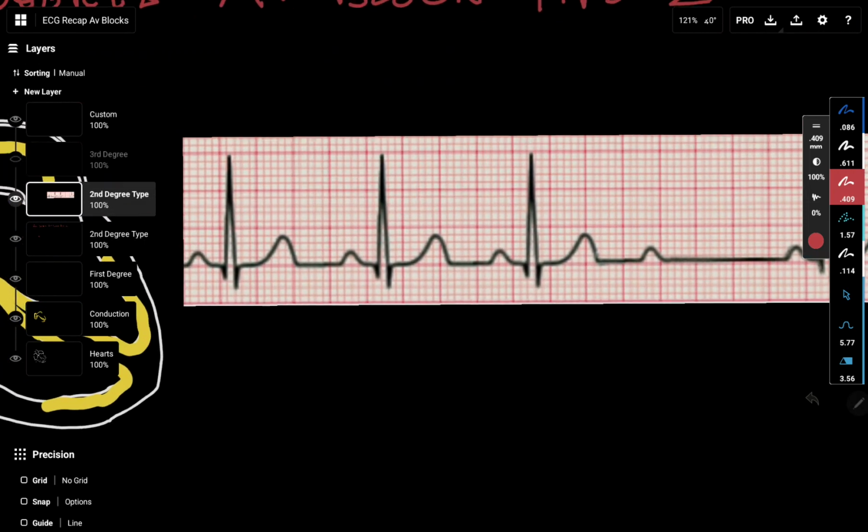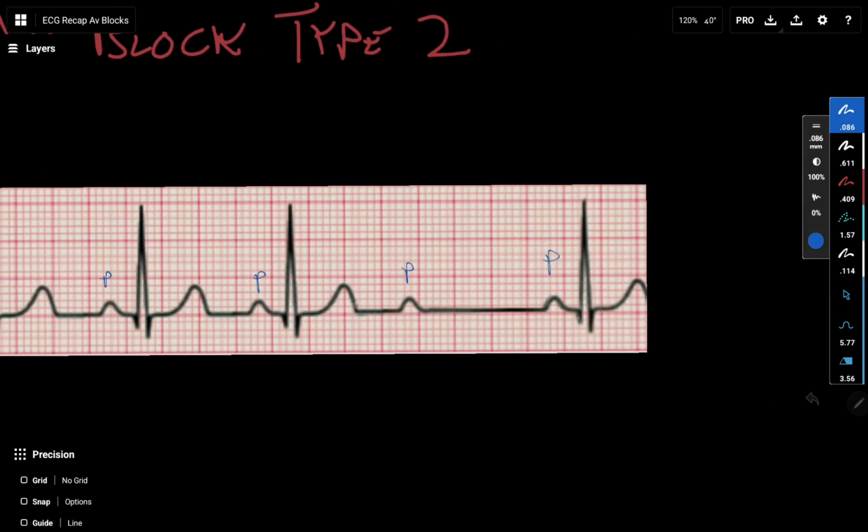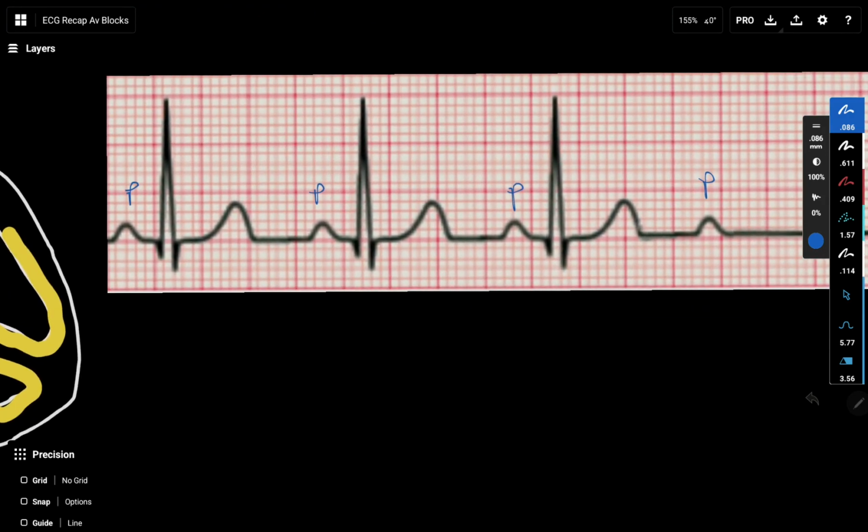So here we go. Let's have a look. Again, let's have a look at my P wave, P wave, P wave, P wave, P wave. Here we are not expecting a prolongation of my PR. Here, I would say, P here. So what we've got here: 1, 2, 3, 4. 1, 2, 3, 4.